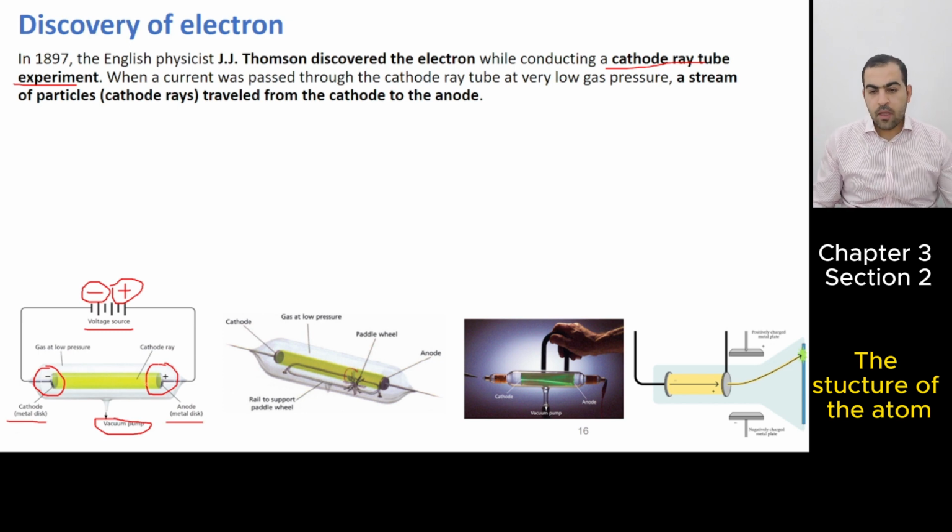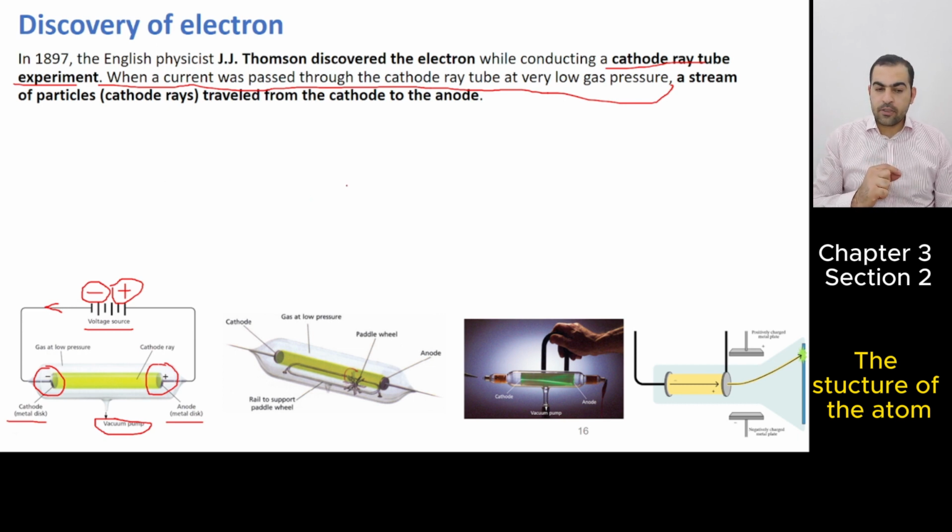So when a current was passed through the cathode ray tube at very low gas pressure, okay, when he passed the current, what happened?